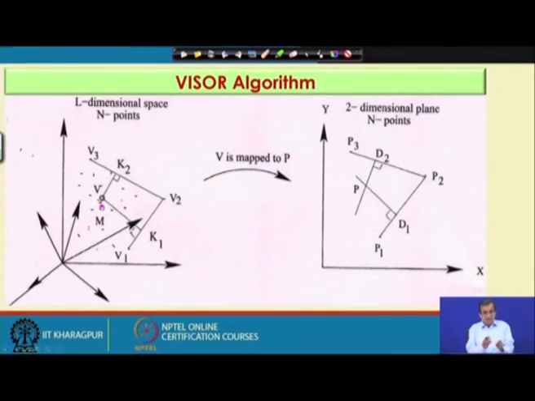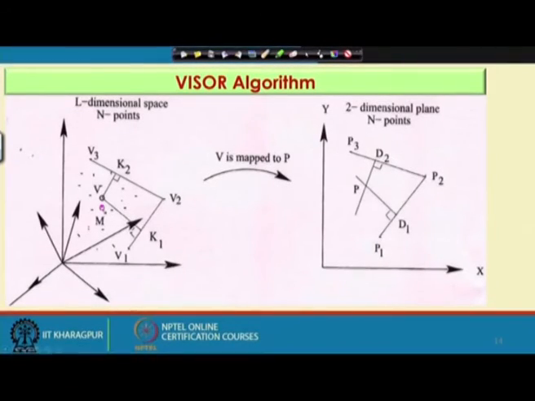For a particular data point, we have got capital L number of numerical values. We concentrate on the first dimension. So, you will be getting n numerical values corresponding to the first dimension.